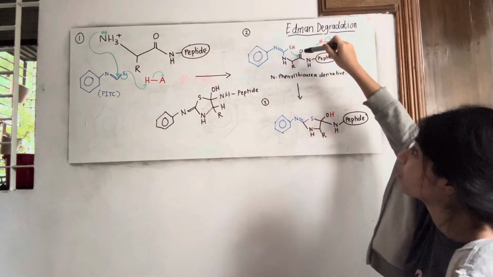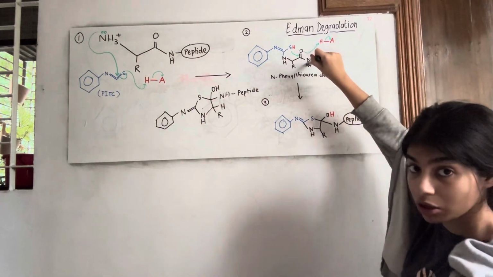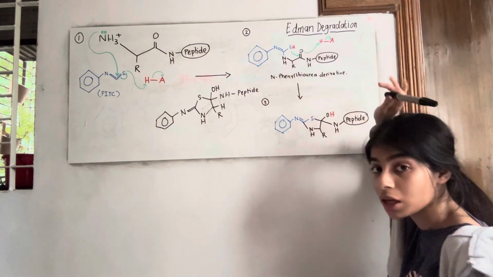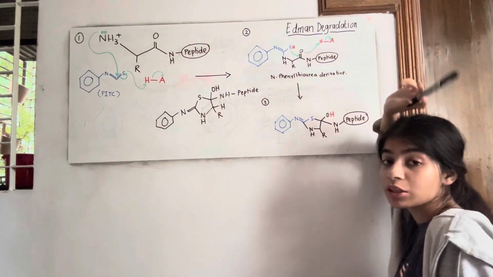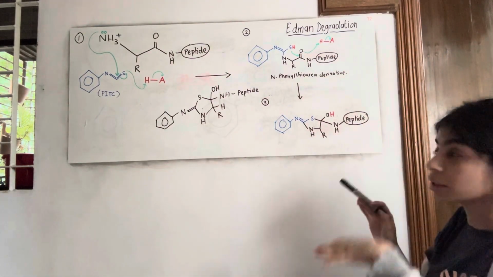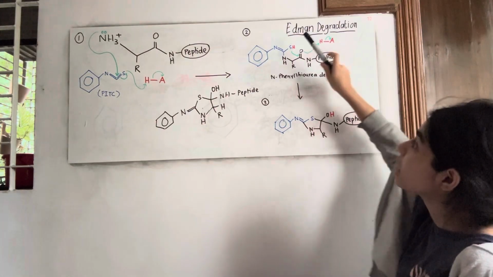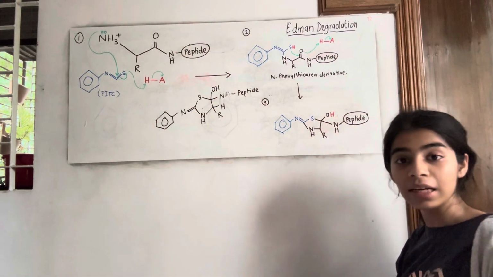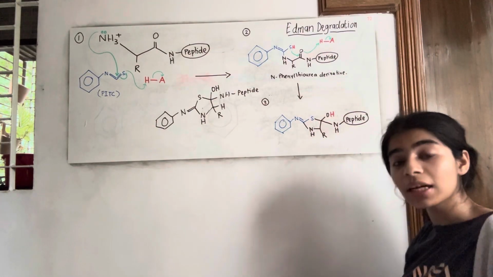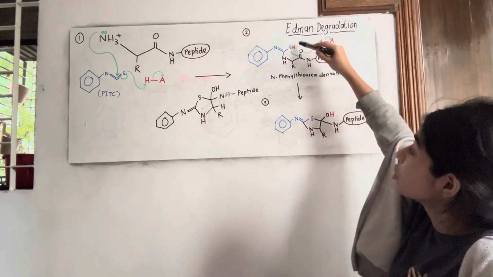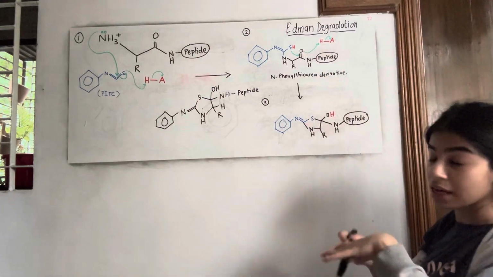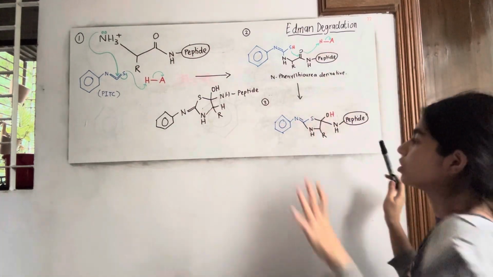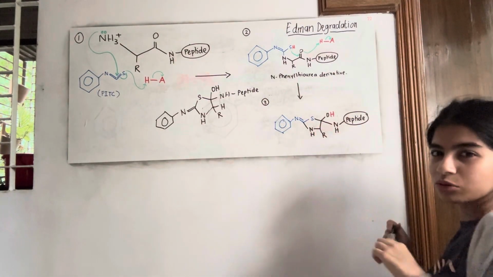This S is going to donate the electron to the carbon, not oxygen, the carbon of the amino acid which is attached to the carboxylic group, right? Because carbon is less electronegative while oxygen is more electronegative. So then oxygen will want to give its electron to the hydrogen and then hydrogen to A, right?